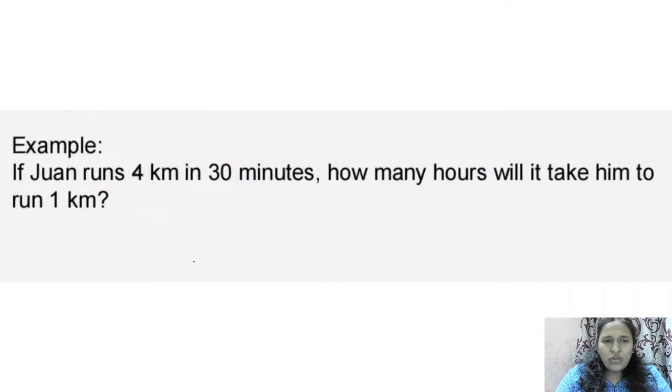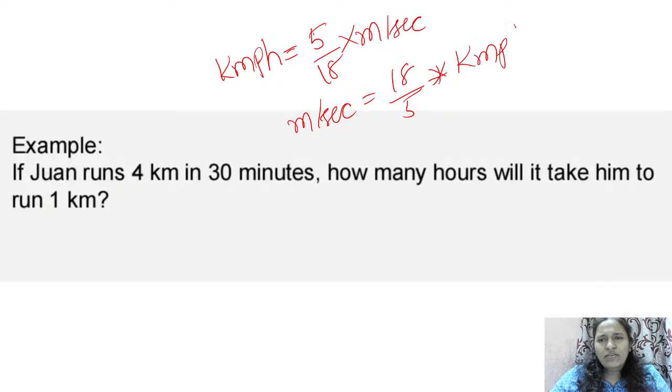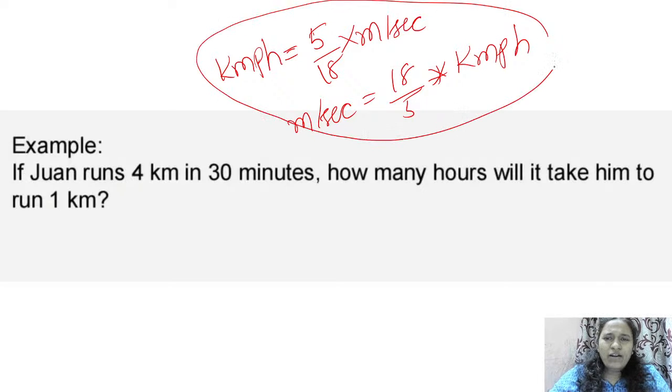One more thing: 1 kilometer per hour is equal to 5 by 18 meters per second. Meters per second is equal to 18 by 5 kilometers per hour. We have to convert like this. Suppose a speed is given as 5 meters per second, how to convert into kilometers per hour?